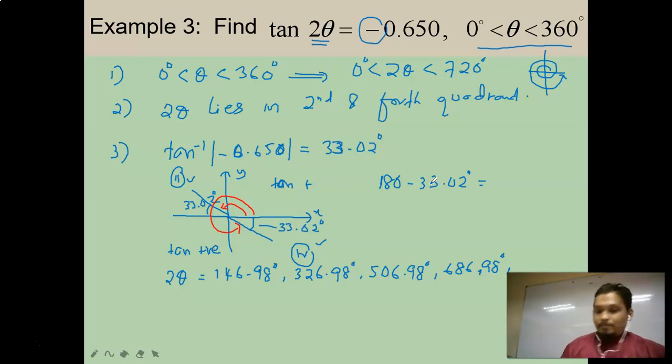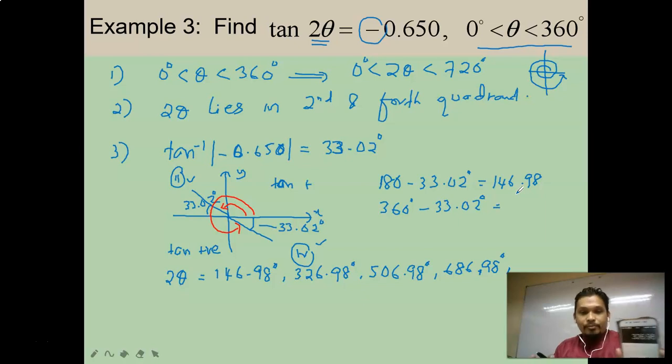And then the next one here is the full cycle, which is 360. 360 degree minus 33.02 degree means the full cycle of 360 minus 33.02 equal to 326.98.